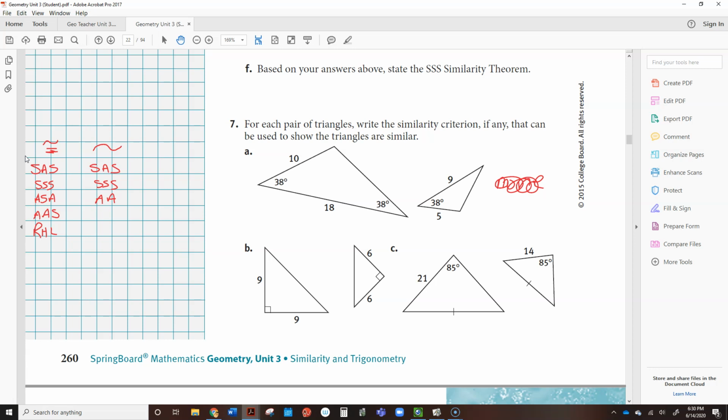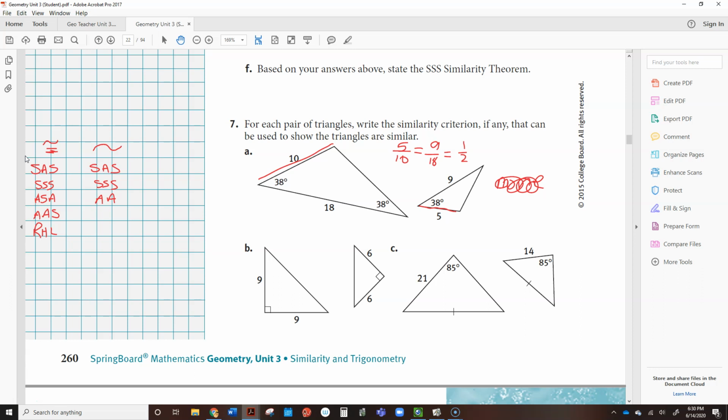And we would say, okay, so this side, 5 is proportional to 10. 5 is proportional to 10. So we'll mark this one right here. And that's the same ratio as 9 is to 18. And I can prove that because they both reduce down to what? 1/2.